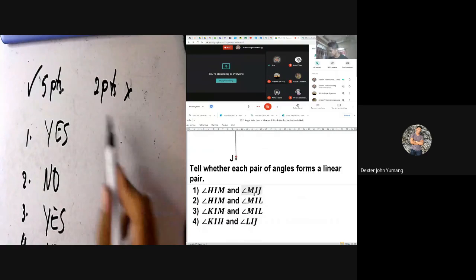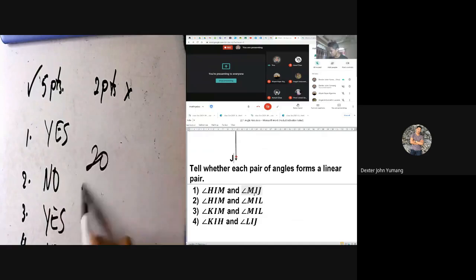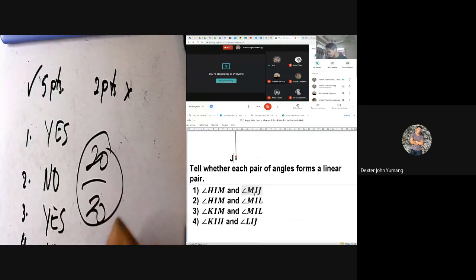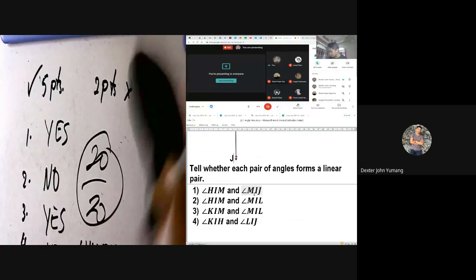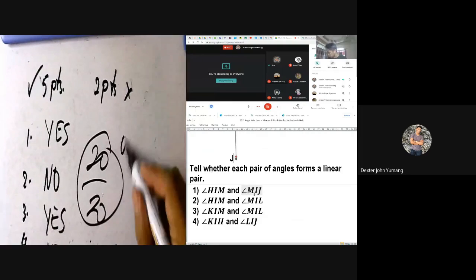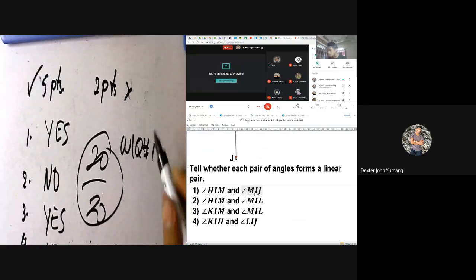Again, 2 points ang mali, 5 points ang tama. So, total of 20/20 for quiz number 1. The code for this is W, week number 1, Q number 1. The code is W1, Q number 1. That is the code for this quiz.